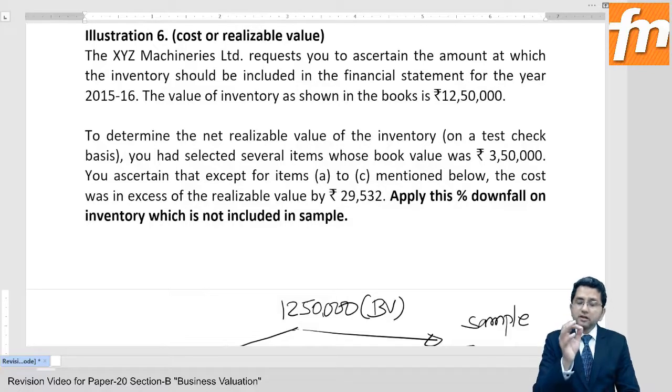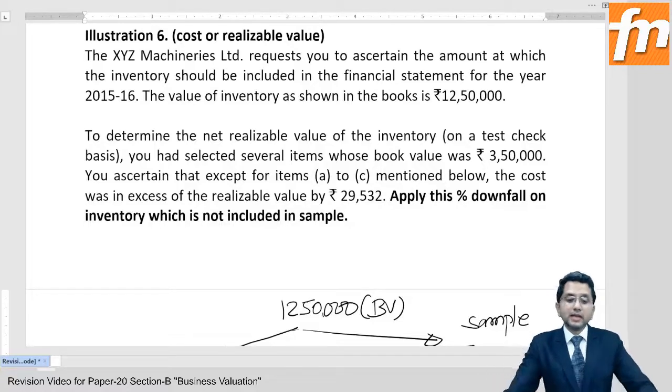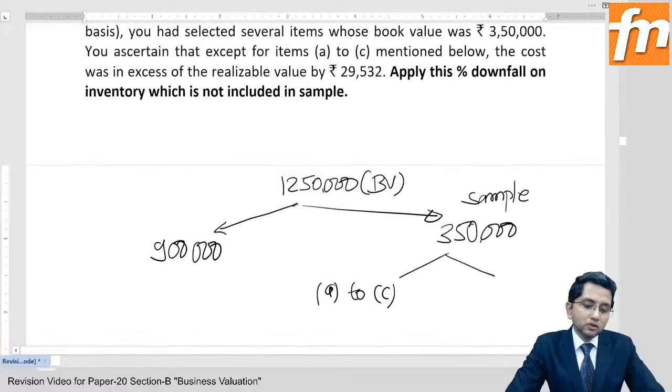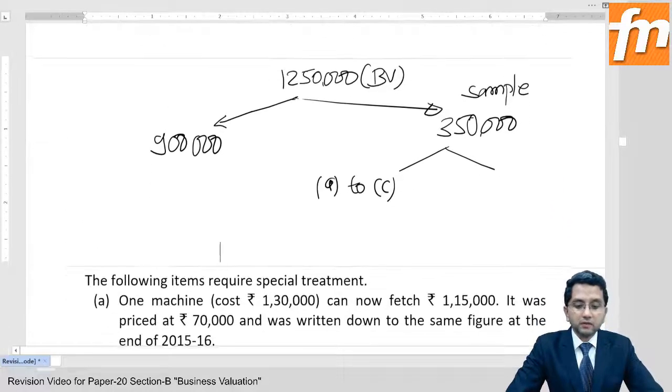Read each single word carefully and interpret it, because whatever mind you make after reading the question, it is difficult to change your mind. If your first interpretation is wrong, then you go on with the wrong interpretation even if you read it a second, third time. So this is how we have classified our inventory.